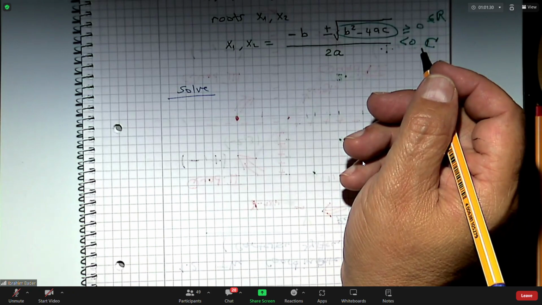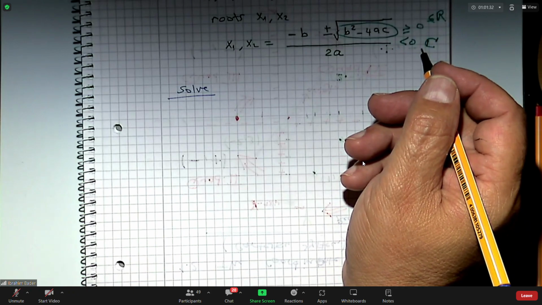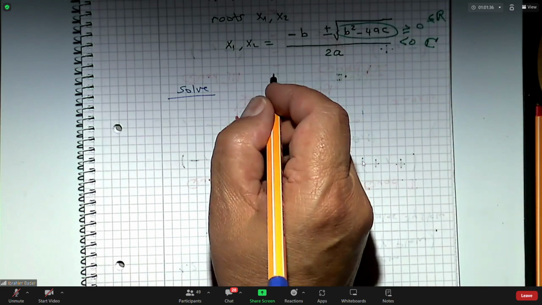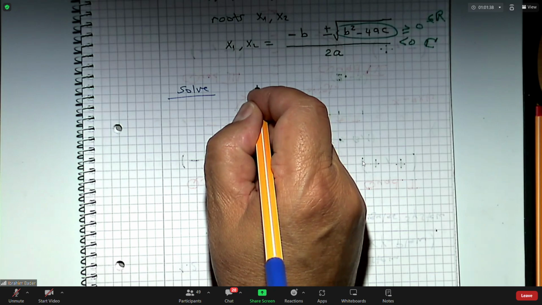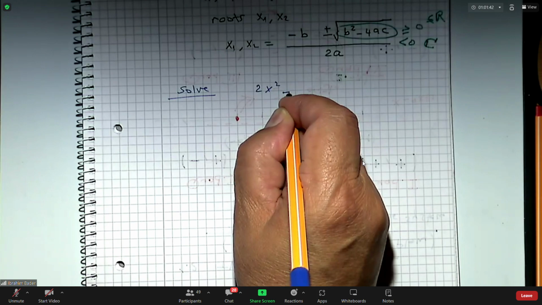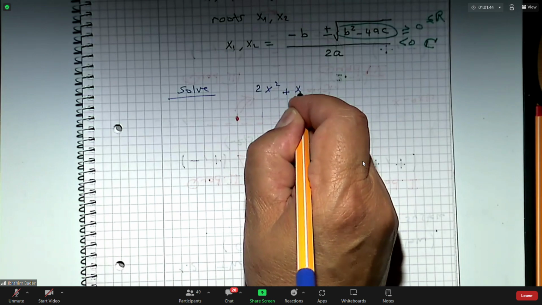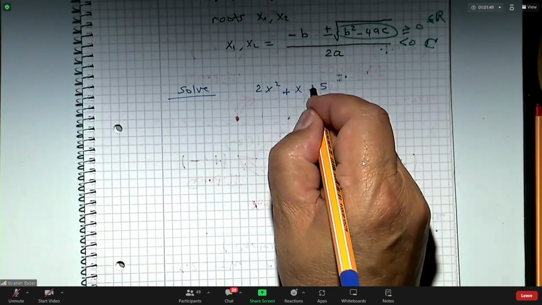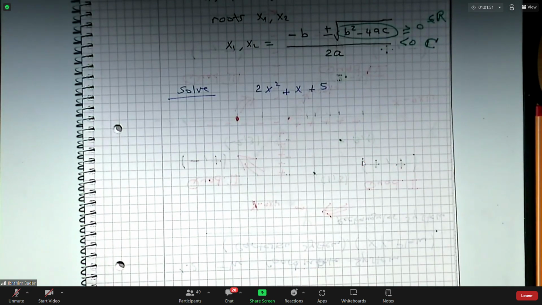B squared minus 4ac. So we need to take either a or c very large. So let's say 2x squared plus x plus 5. What is b squared here? 1. This will work definitely.